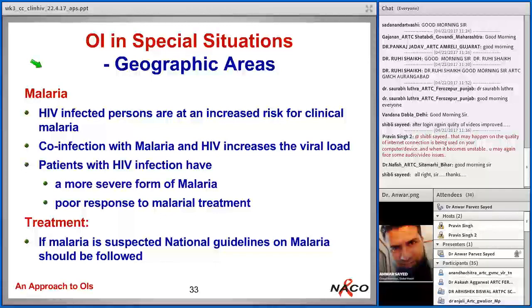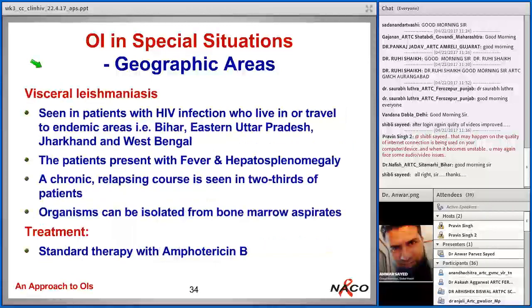That means if a PLHIV gets malaria, it increases the viral load of HIV. Also, the malaria in a PLHIV will be more severe, and the response to therapy is not as expected. How we treat malaria is as per the national guidelines.